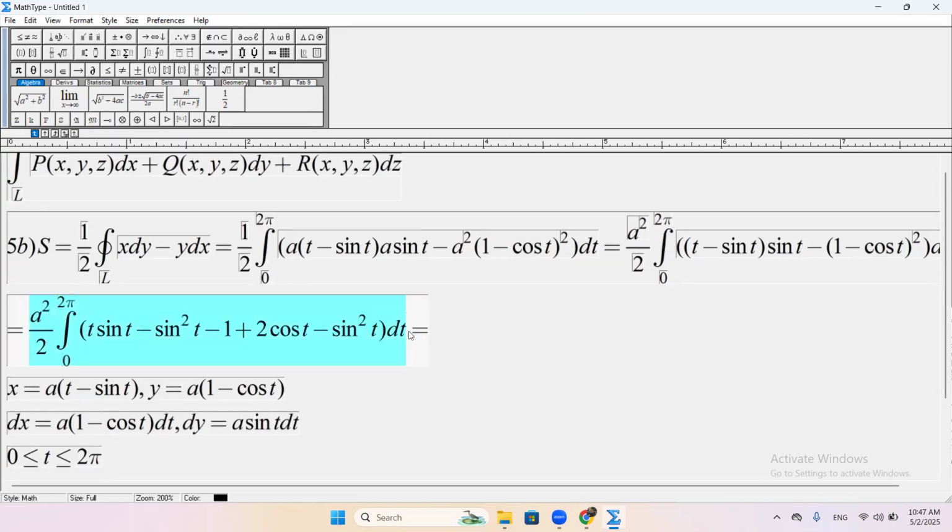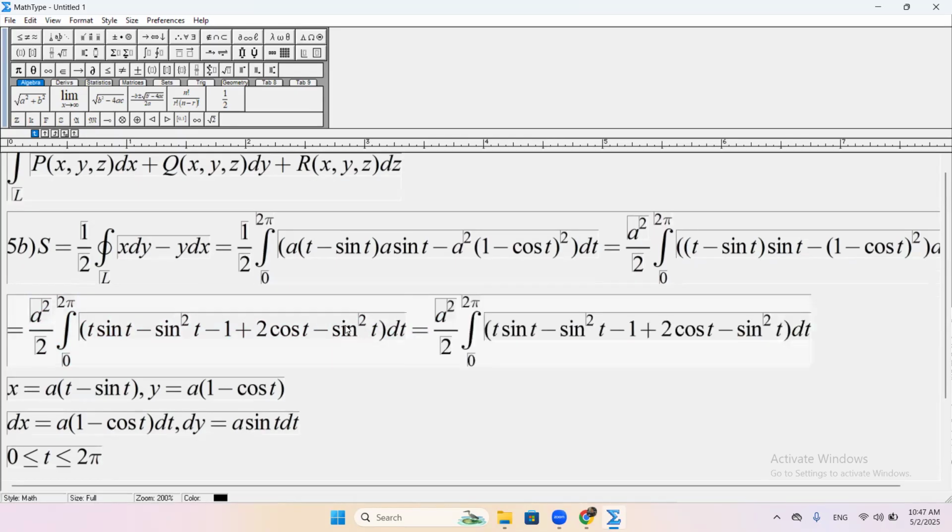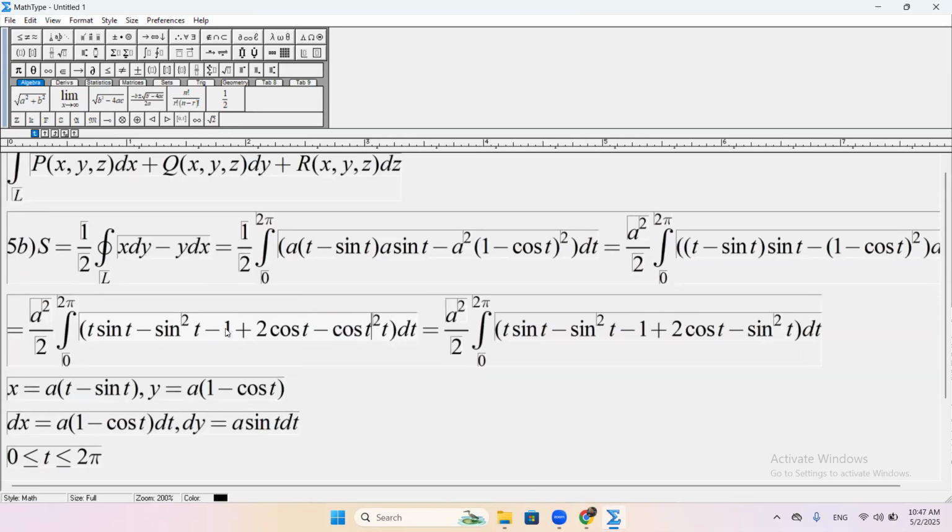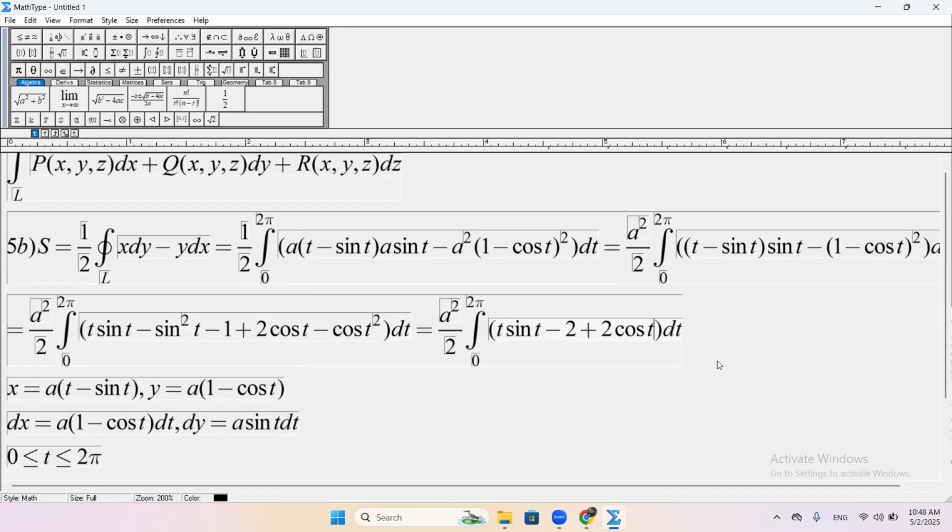And what will be simplified? Cosine, sorry, cosine square of t. So this expression is done, and this done as well. Minus 2. Which expression did we receive? So it can be easily calculated.